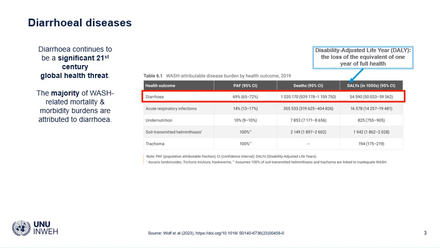This means that diarrhea accounts for most WASH-related health burdens, not just in mortalities, but also in disability-adjusted life years.